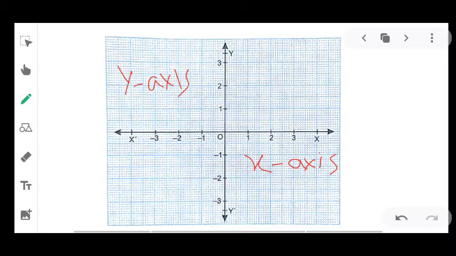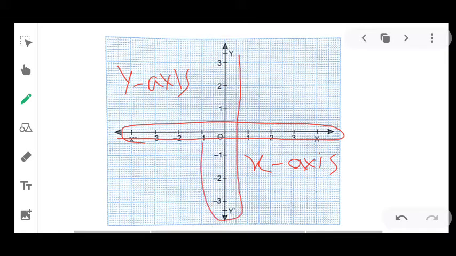The horizontal line x dash o x is called the x axis, and the vertical line y dash o y, or y o y dash, is called the y axis.